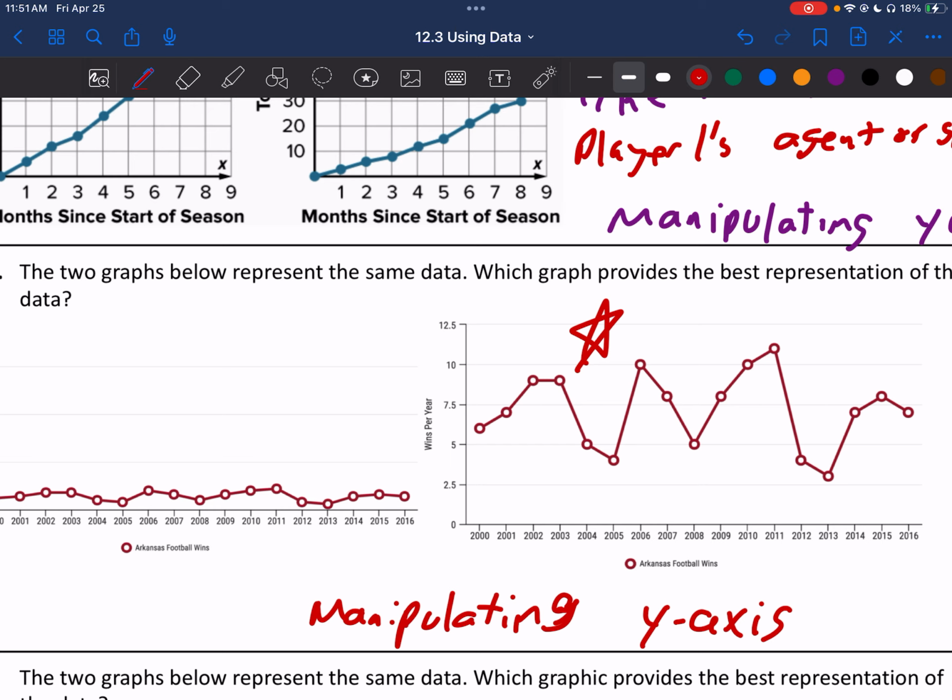Going up to 100, all you're doing is compressing your data smaller and smaller and making it look like there's less variation than there actually is. So all that empty space on your graph is not giving you a true representation of the data. So you need to set your scales appropriately to see the data.